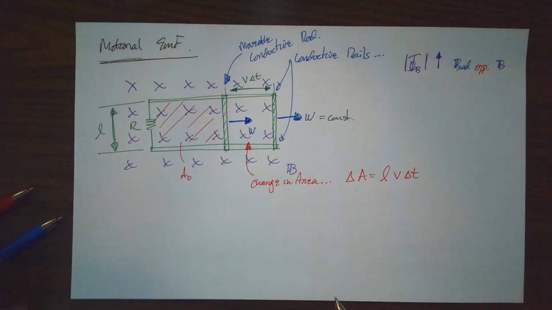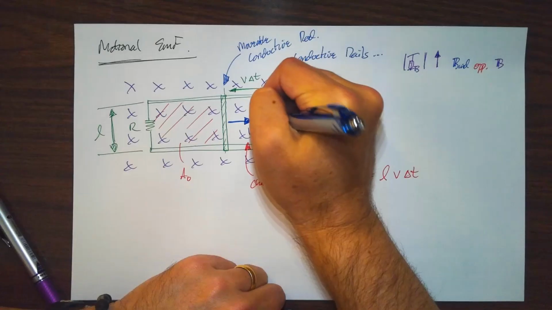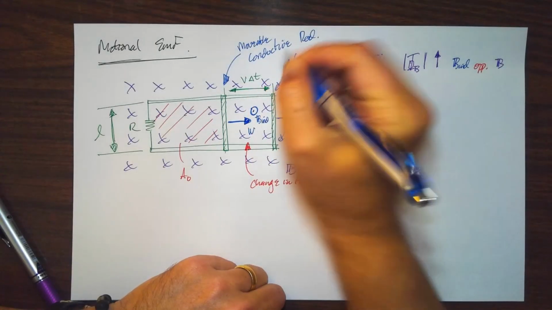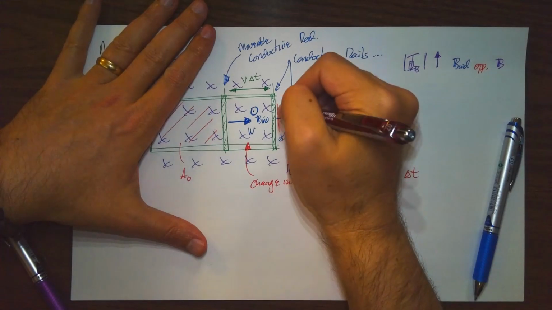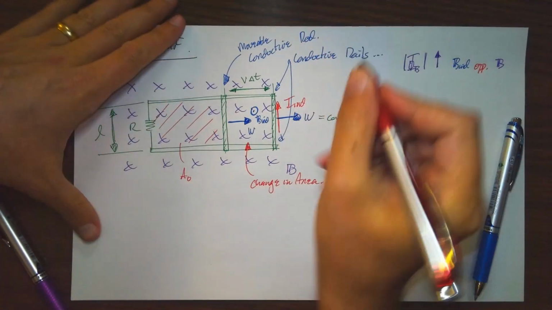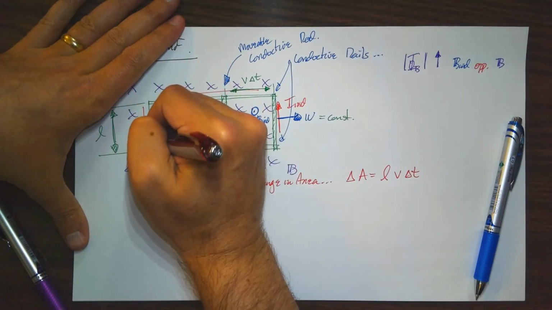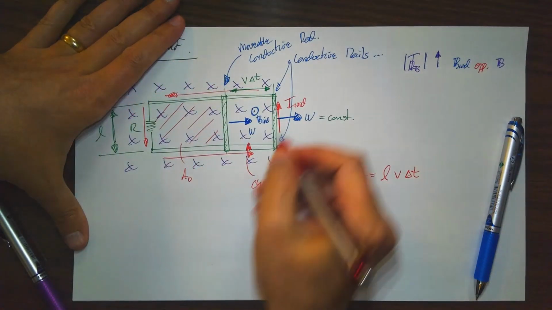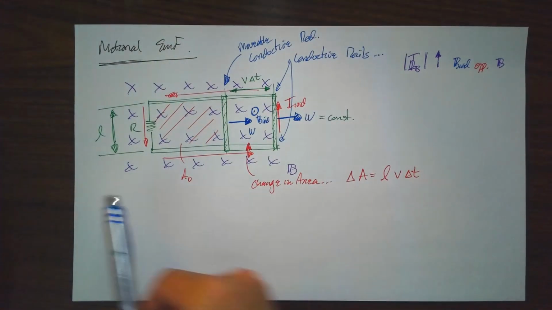The B that created the field went into the page, and so therefore my induced B is going to come out of the page. And if it's out of the page, then the induced current will run up the rod around the loop like this, so that's counterclockwise. Is that what we answered?